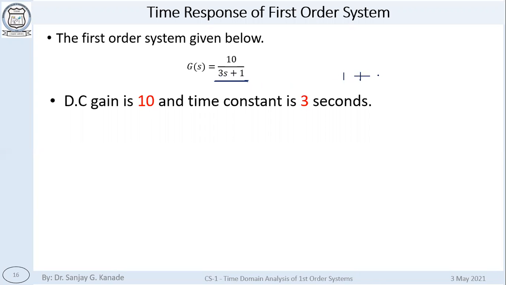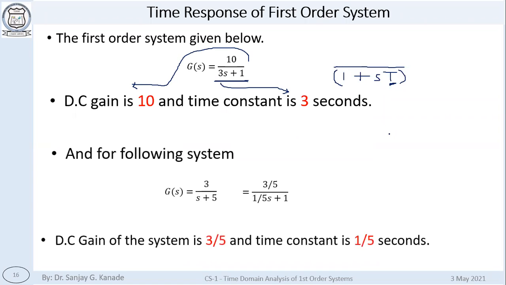Remember this, 1 plus sT. If it is like this, then this T will be your time constant. Now here it is the same format, 1 plus 3s. So 3 is the time constant and this 10 is the DC gain. So we have DC gain as 10 and 3 as time constant.